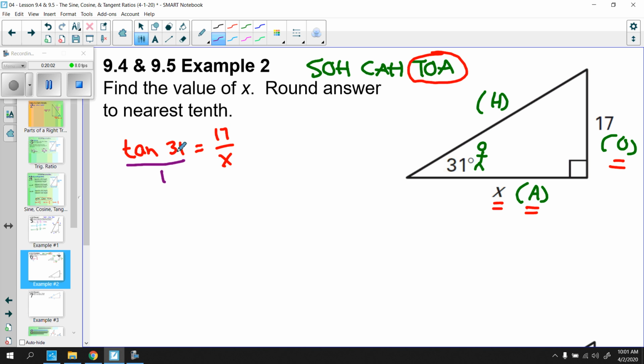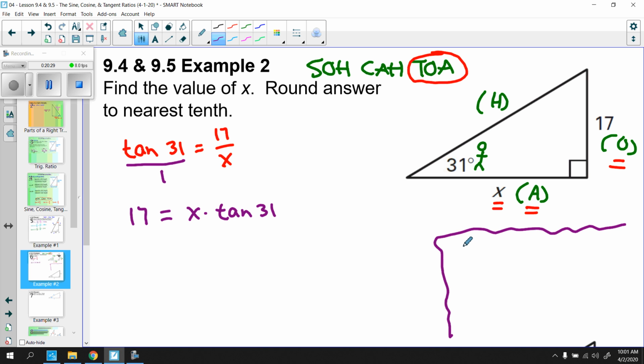Now let's solve for x. Let's stick with cross multiplying. We've been doing a ton of that lately. When I cross multiply, obviously 1 times 17 is the easy, nice one. We'll take that. This is just x times tangent of 31, x times some number. So keep them separate. This is no different. I'm going to do a little mini side problem over here.